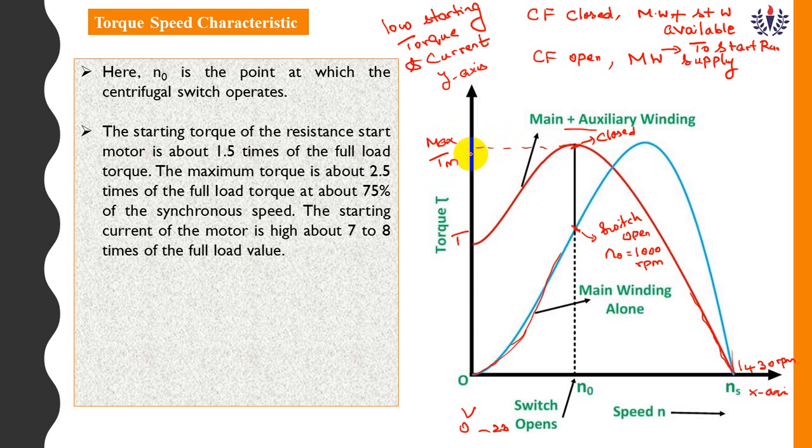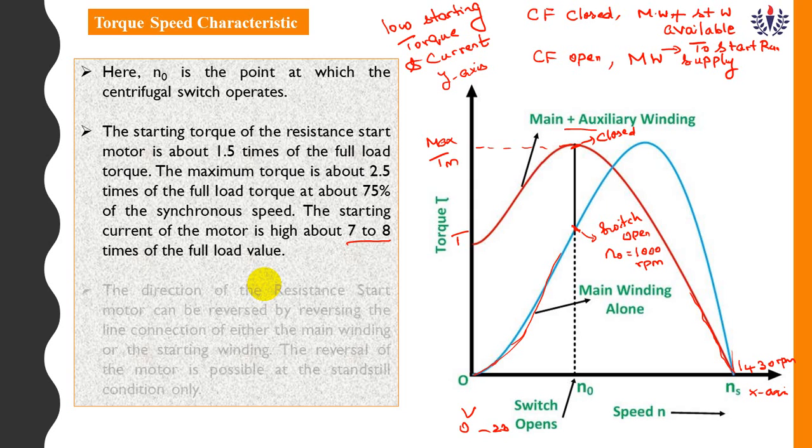The maximum torque is 2.5 times the full load torque. The starting current of the motor is also high, about 7 to 8 times the full load value.